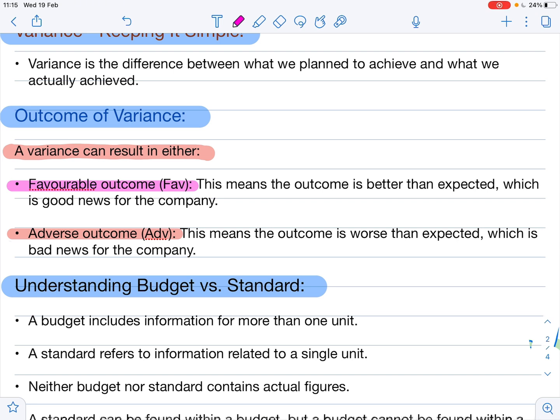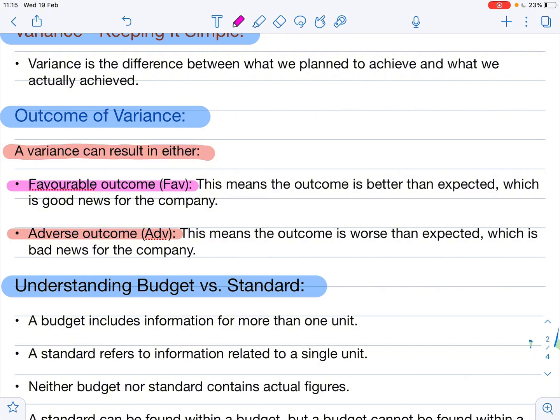And then the difference, which is the variance, could either result in a favorable outcome. If this is a favorable outcome, it means the outcome is better than the expected, which is good news for the company, or if you like, the buyer.